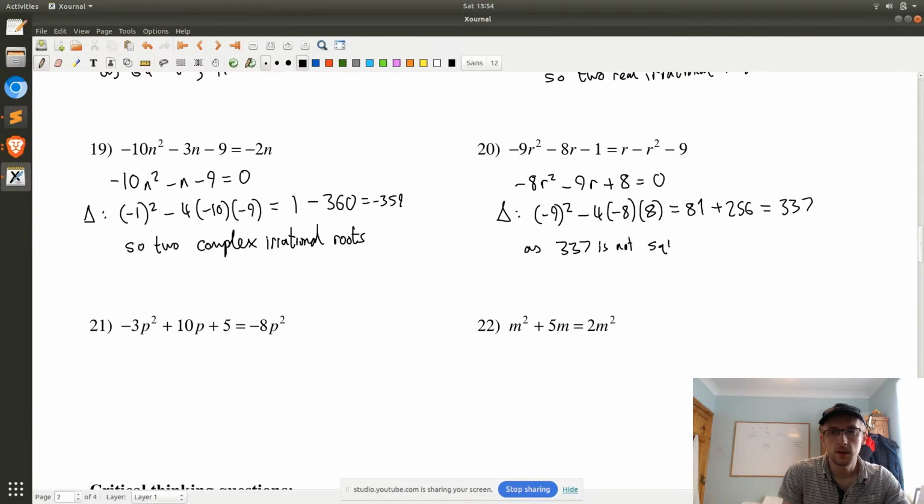It's not a square. Two irrational real roots.